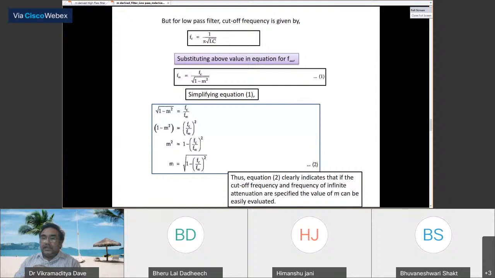And when f infinity is at a very large distance, that is, very infinity, then 1 minus fc upon infinity gives 1 minus 0, and therefore the square root of 1 gives 1. So it lies between 0 and 1. Either it should be very near or very far away, but far away is not desirable. It should always be very near to the cutoff frequency.